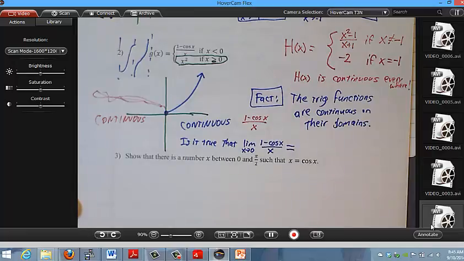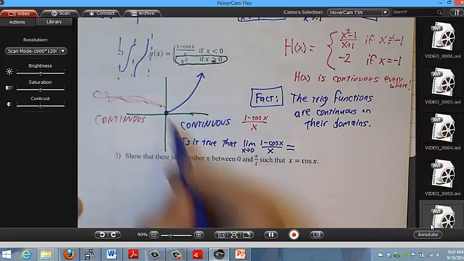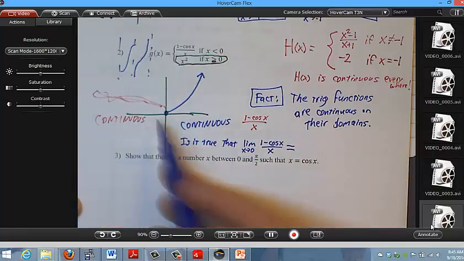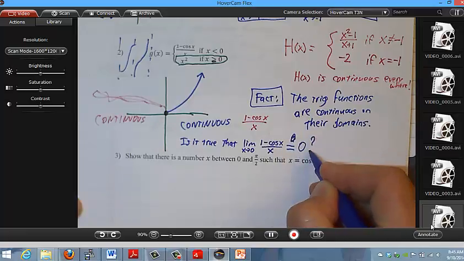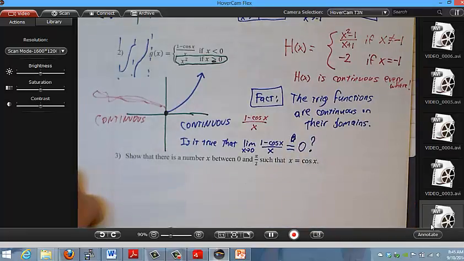Well, I want it to equal the same thing as x squared as x approaches 0. What's the limit as x approaches 0 of x squared? 0. We know that hits at 0. And the question is, is it true that this limit is 0? That's the question. And if it is, then this function would be completely what? Continuous.